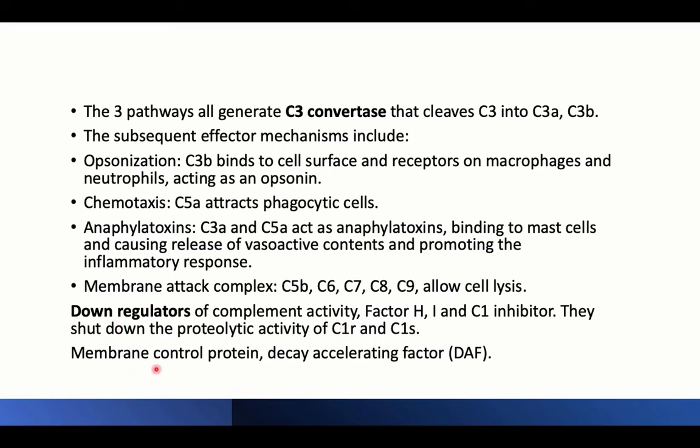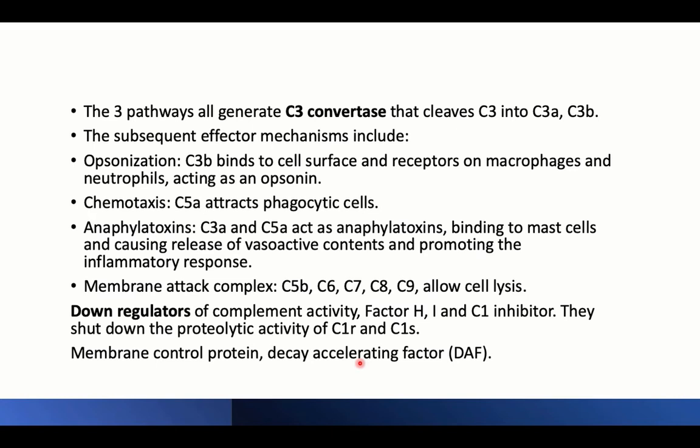Also having membrane control protein like decay accelerating factor on the cells is very important to down-regulate the complement system, otherwise disease will result. If you know paroxysmal nocturnal hemoglobinuria, it's one disorder associated with hemolysis and nighttime hemoglobinuria. It's caused by deficiency of this important down-regulator of the complement system, which is the decay accelerating factor.